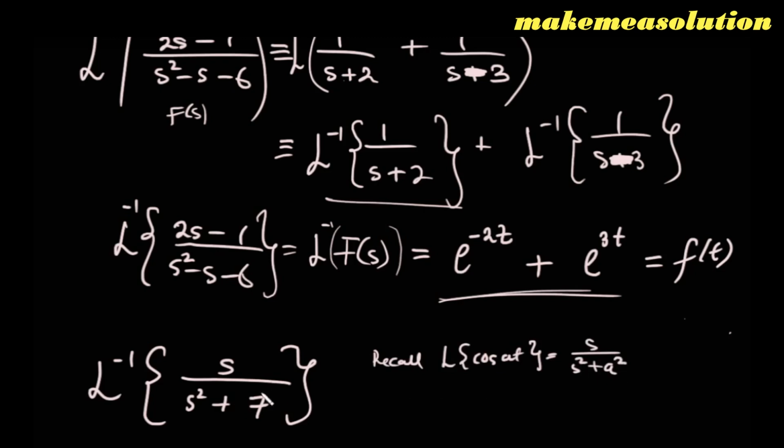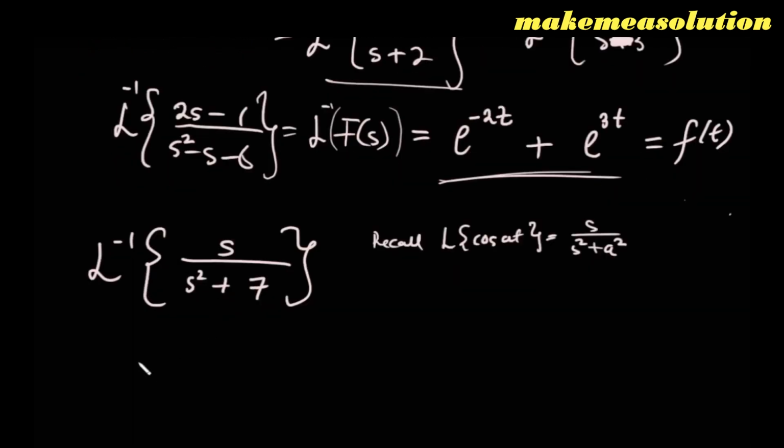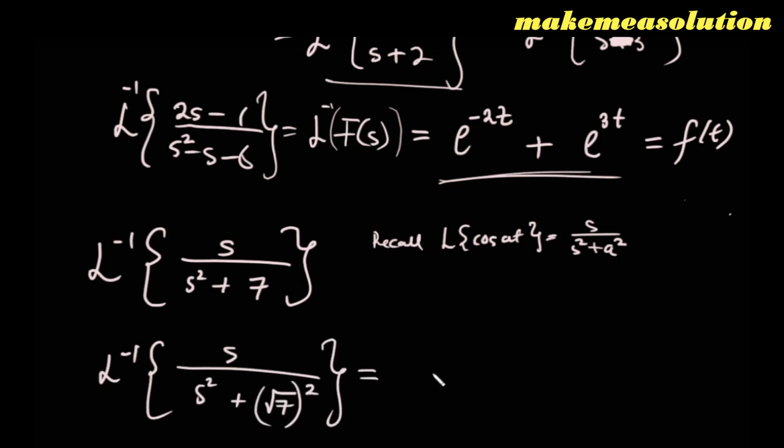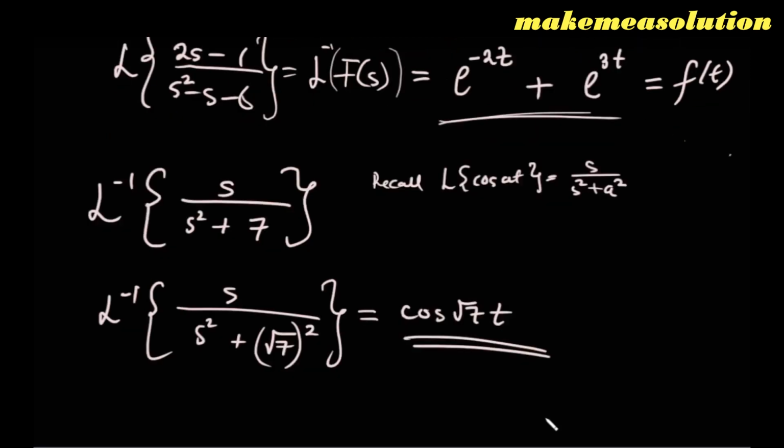The only problem with this one is that I can't see a square here. But who says I can't see a square? I can actually manufacture a square like this, s all over s square plus root 7 all squared, so that this translates to cos root 7t. So this is how you treat Laplace transform and Laplace inverse.